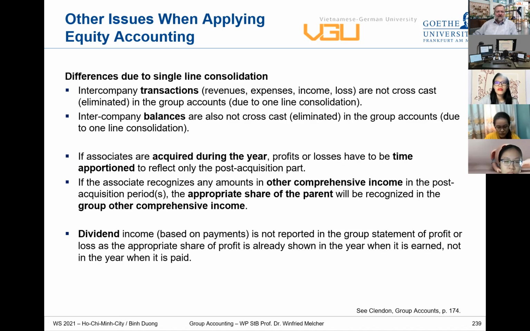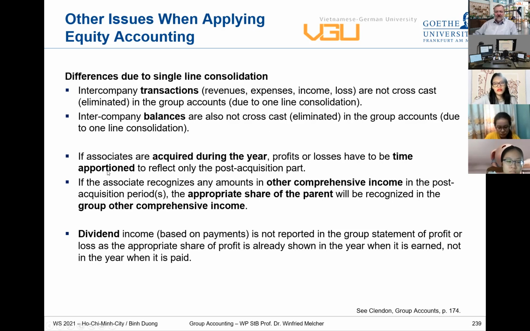So we cannot cross out the rental expense from the parent with the rental income of the associate, because we only show the rental expenses. And therefore, these problems arise in practice that we cannot cross-cast intercompany transactions between group companies and associated companies. And the same is true for the intercompany balances between group companies and associates.